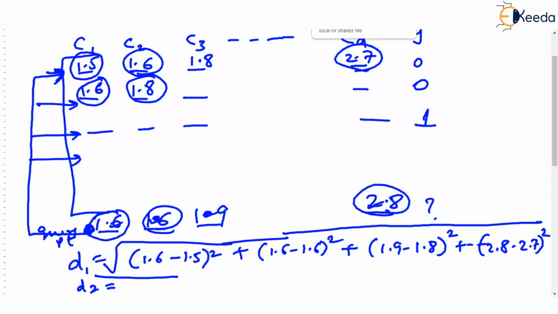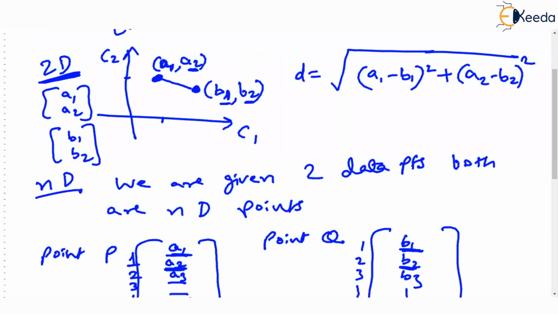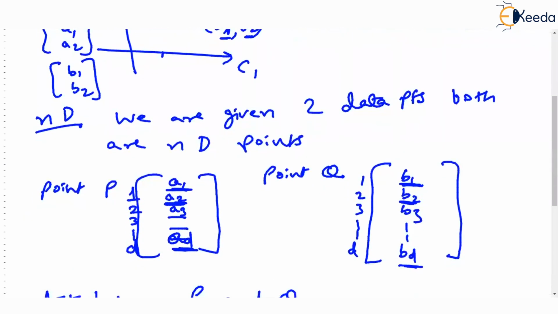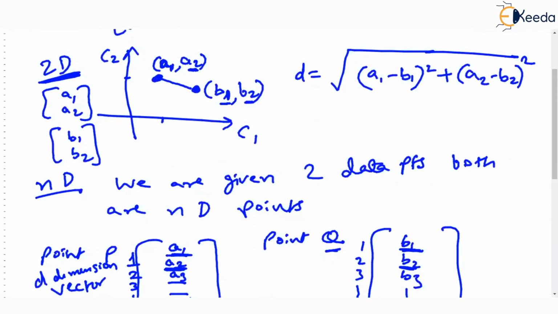Our last page, I think, second last, yeah. See, this point P is A1, A2, A3 up to AD. This is a d-dimensional vector, or d-dimensional point. Q is a d-dimensional vector. Very well, it is a vector, isn't it? It's a column vector. Even this A1, A2 is a 2-dimensional vector.